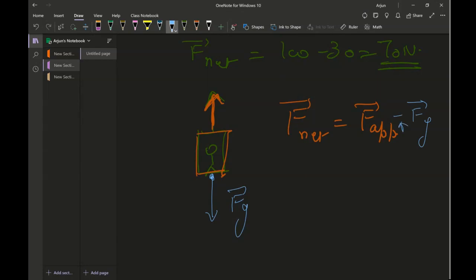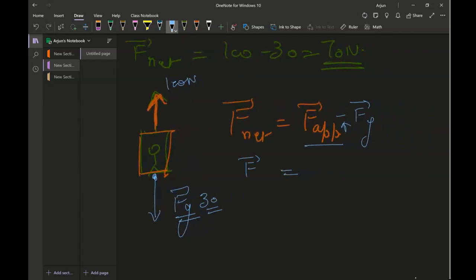Why do I use the minus in this case? Because gravity, as I said, will act in the downward direction. The applied force in this case, let's assume, is 100 Newton, and the gravitational force in the downward direction is 30 Newton. So that will provide me the net force: F net equal to 100 minus 30, which will come out to be 70 Newton.